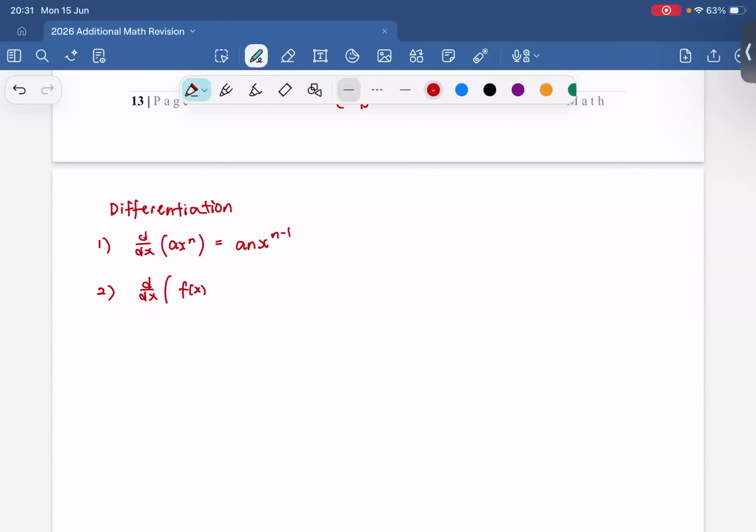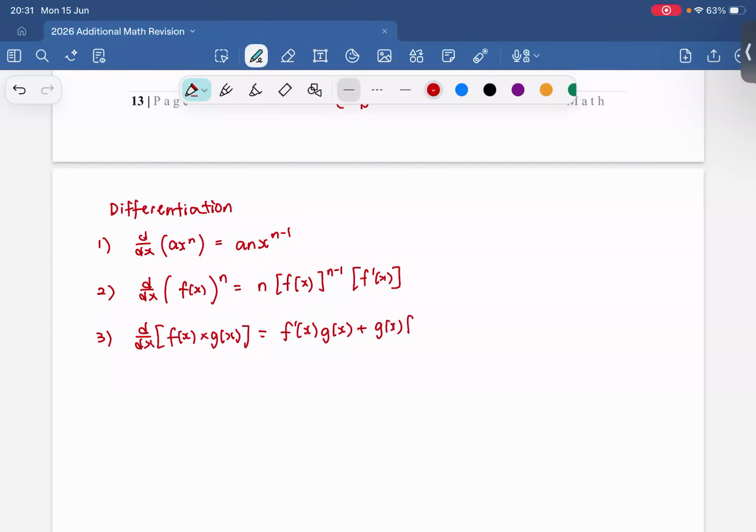A function with power n: bring the power down, power minus 1, then you need to differentiate the inside. 3, you have your product rule. Differentiate f(x)g(x): differentiate one thing, copy down the other one, plus copy down the first one, differentiate the second one.